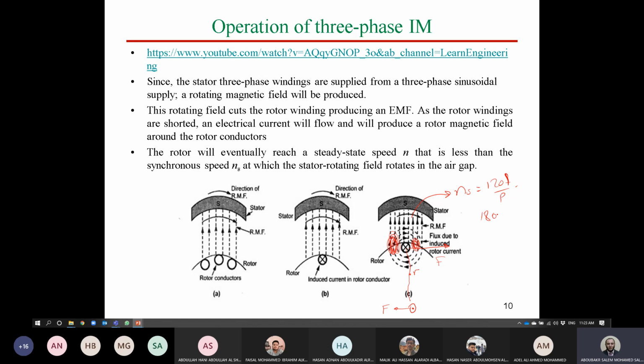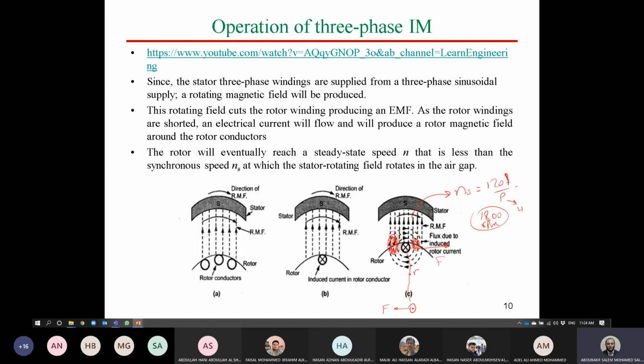Assume it's 1800 for a 4-pole machine. So we have ns equal to 1800 rpm. So the flux is moving at 1800 rpm. However, you start moving the rotor. It may be several rpm or 100 rpm, for instance.